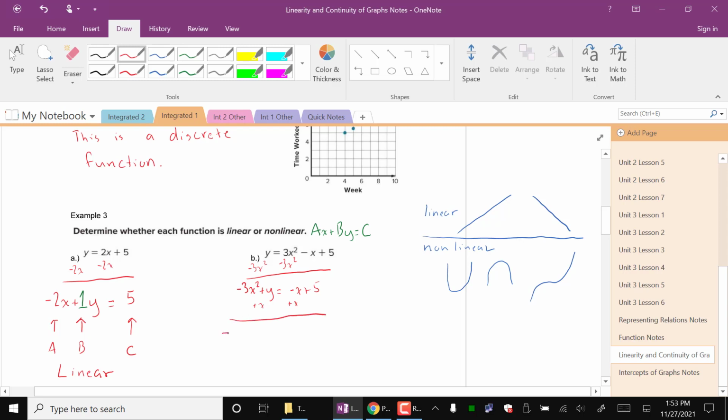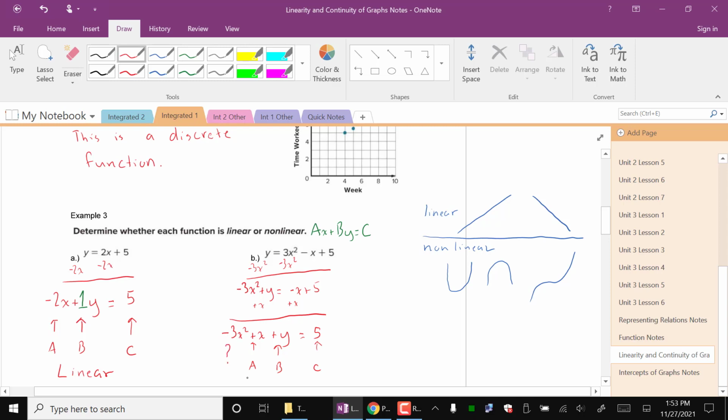So that gives me negative 3x squared plus x plus y equals 5. So I have my a value is 1, my b value is 1, and my c value is 5.